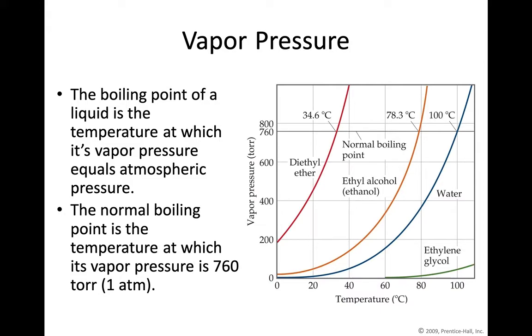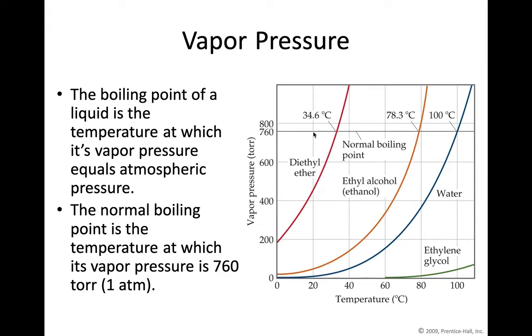So you have a liquid, you put it in a closed container, some of it is going to evaporate until it reaches an equilibrium. And whatever pressure that evaporated gas applies to the walls of its container is its vapor pressure. So a high vapor pressure would indicate that a lot of the liquid evaporated. So it probably had fairly weak intermolecular forces if it was able to achieve that high vapor pressure.